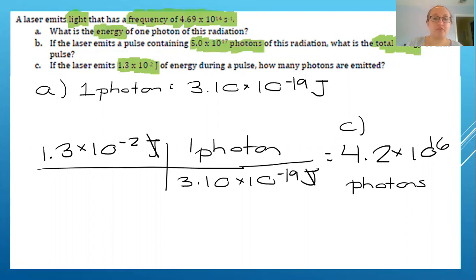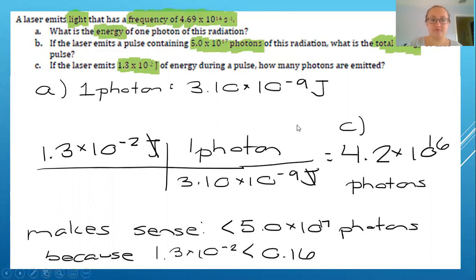So I can convert from joules to photons and find that there are 4.2 times 10 to the 16th photons in this burst of energy. This makes sense because it's less than 5.0 times 10 to the 17th photons, because 1.3 times 10 to the negative 2 is less than 0.16.